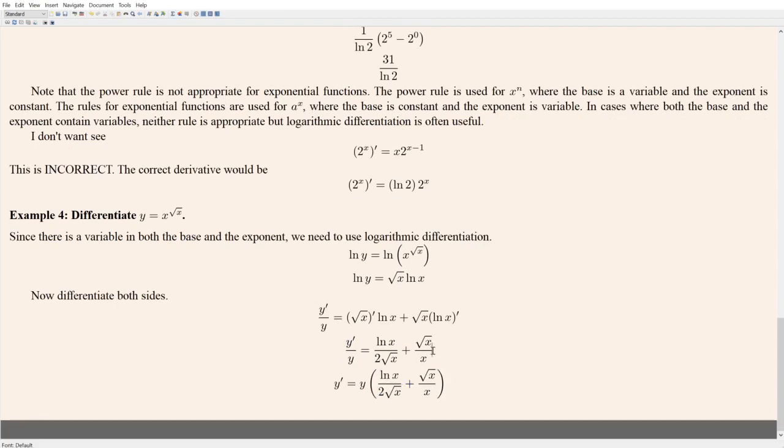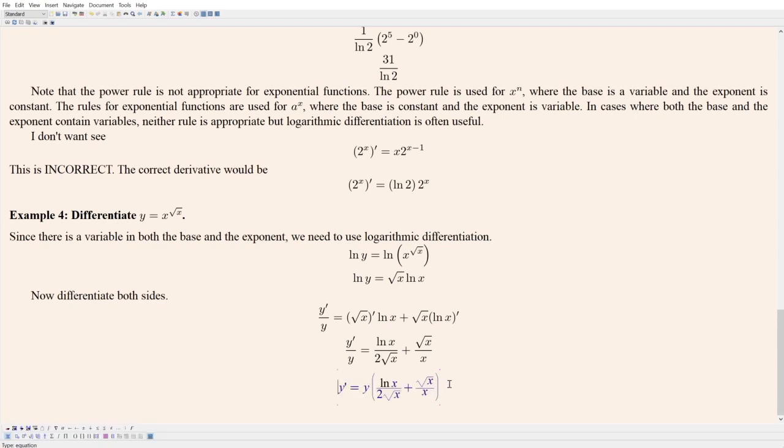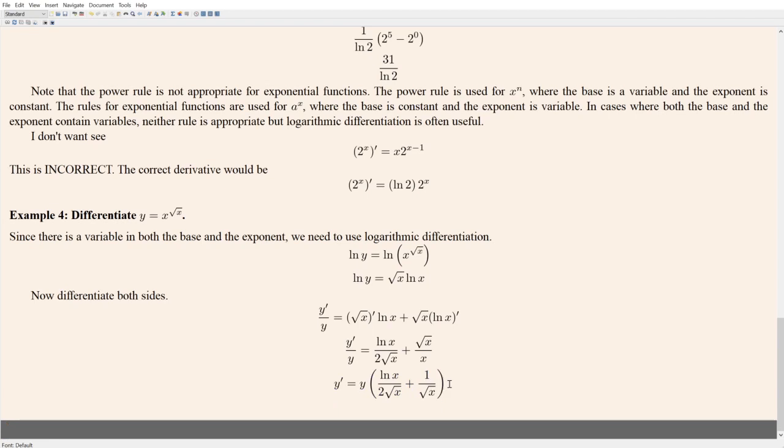You know what? I don't like this root x over x. Because square root x is the same as x to the 1/2, and this is the same as x to the 1. So power of 1/2 on top, power of 1 on the bottom, the exponents subtract. So this is 1/2 minus 1, so this is minus 1/2. There.